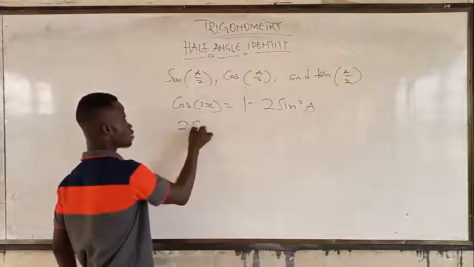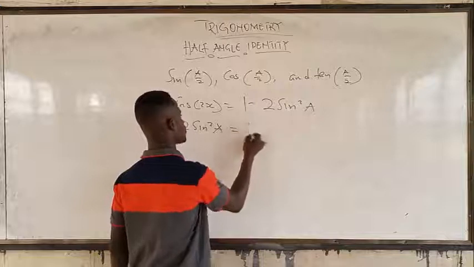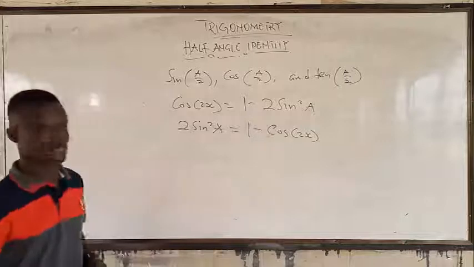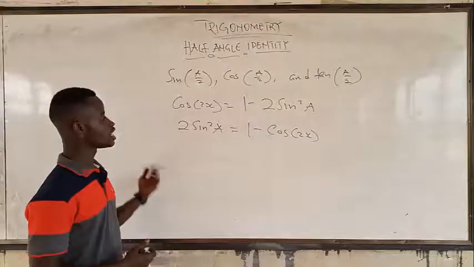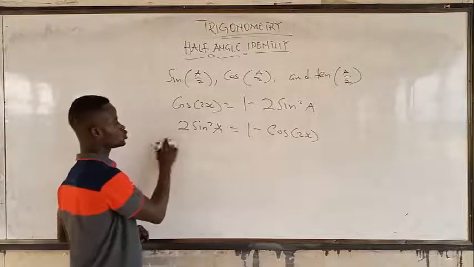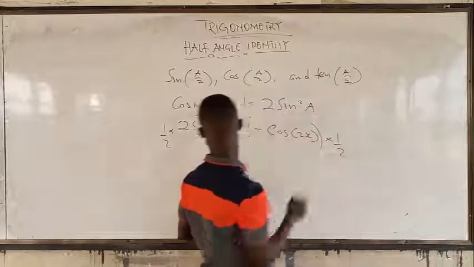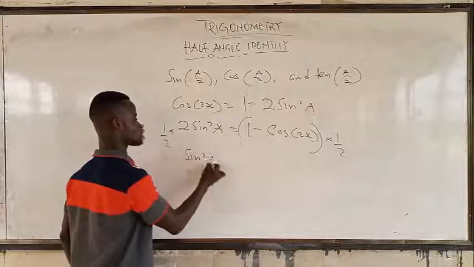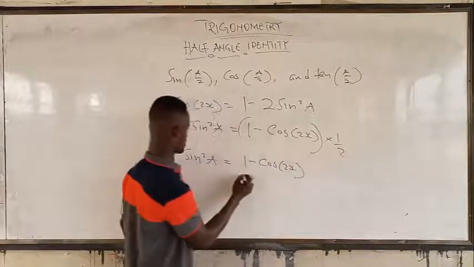So we get 2 sine square a equal to 1 minus cos 2a. Then we multiply both sides by half, and it will give us sine square a equals 1 minus cos 2a, all over 2.